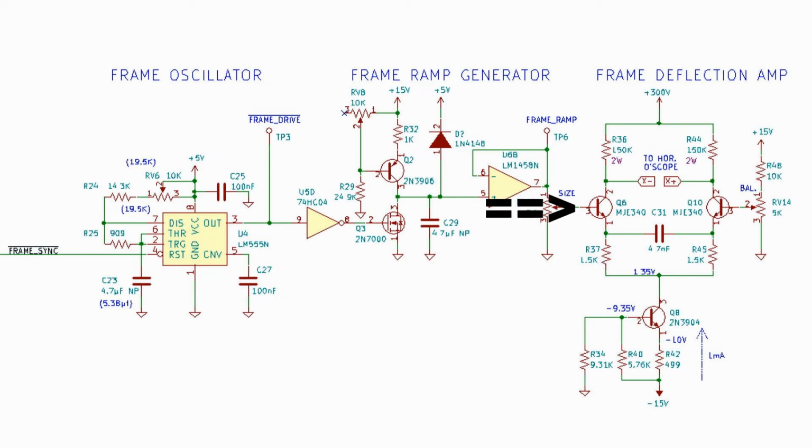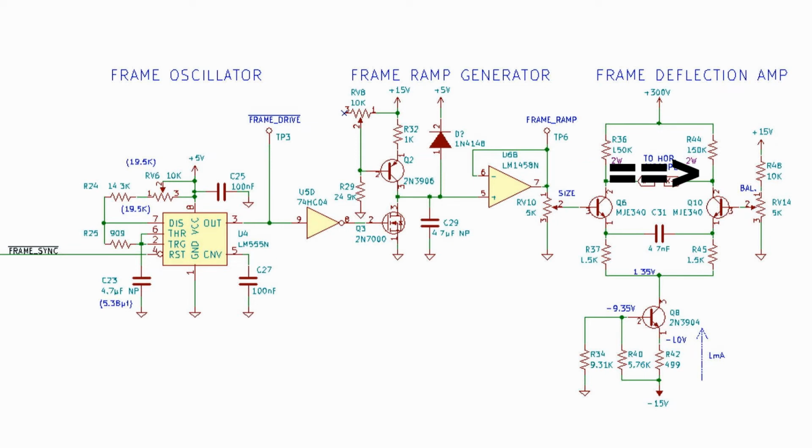If the base of Q6 and the base of Q10 are at exactly the same voltage, they're in balance, that current will split equally, and 0.5 milliamp, 500 microamps, will go through Q6, 500 microamps will go through Q10. 0.5 milliamp flowing through the 150K resistor will produce a voltage drop of 75 volts, giving us 225 volts on the collector of Q6 and conversely the collector of Q10.